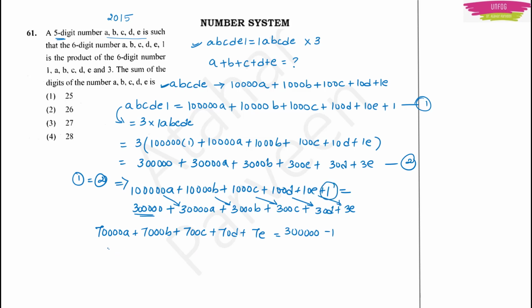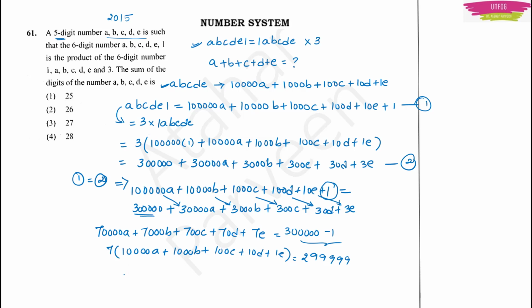Now I can take 7 common. So I will have 1 followed by 4 zeros into A, plus 1000B, plus 100C, plus 10D, plus E. This is equal to, if I subtract, 2 followed by 5 nines, because I have 5 zeros.